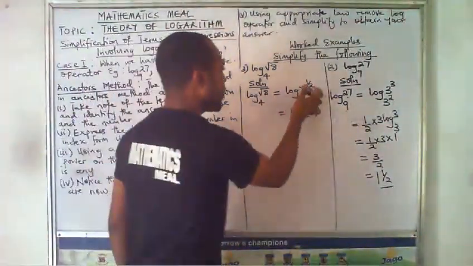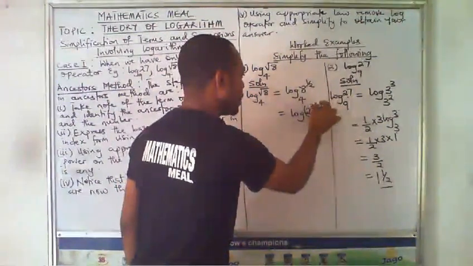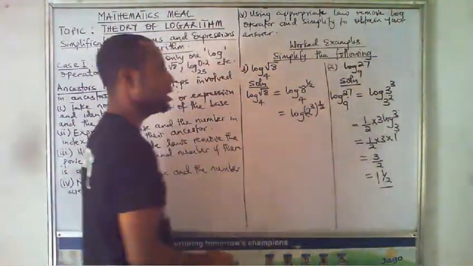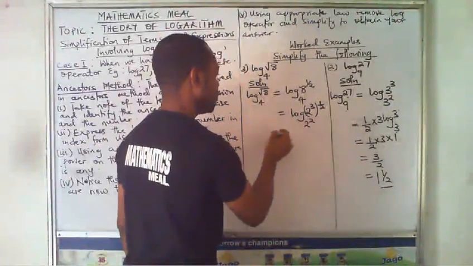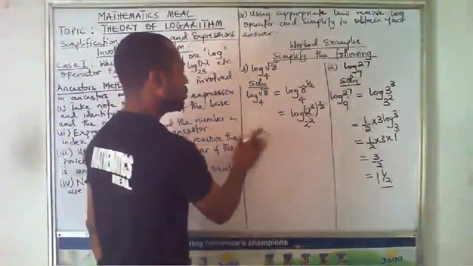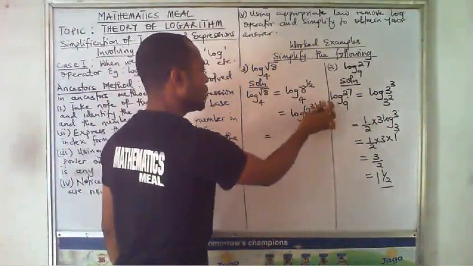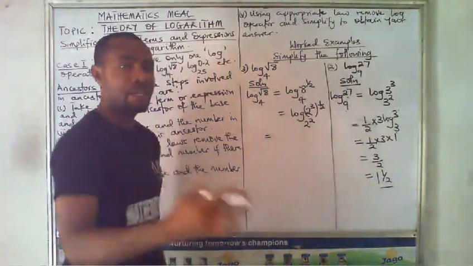But remember we have the power of half. 2 raised to the power 3 is 8, but there is the power of half that has been there. Then 4 is 2 raised to the power 2. Okay, beautiful. In indices, when we have a power on a power, on the same number, we multiply the powers.